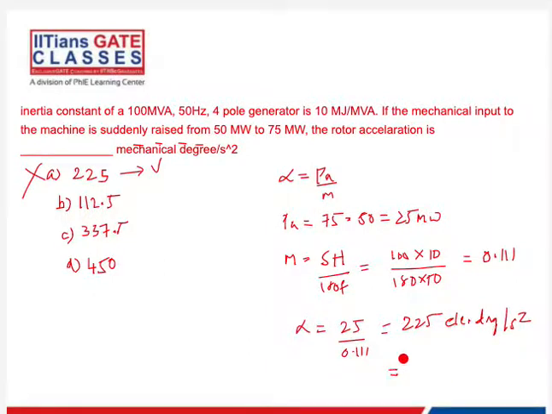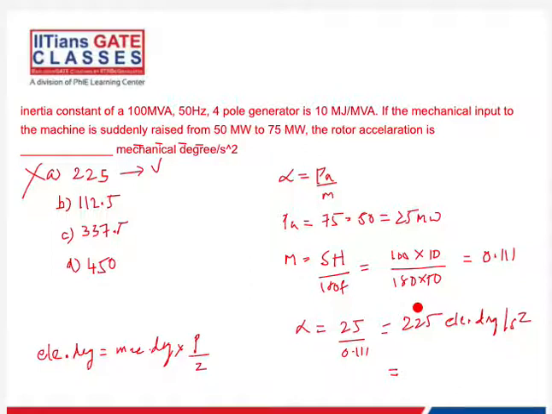Electrical degrees is mechanical degrees multiplied by P by 2. Alpha value is 25 divided by 0.111, that is 225.